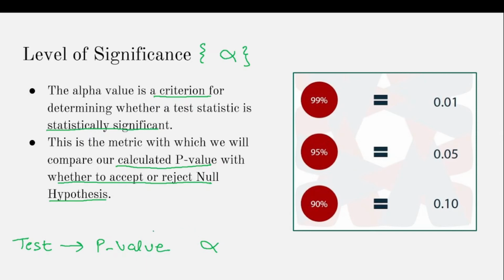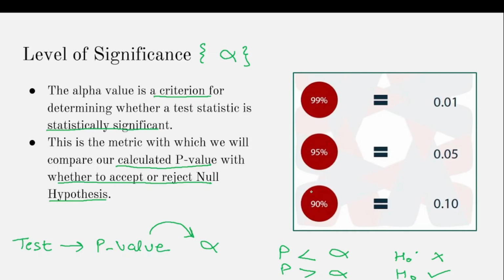What we do is we compare the p-value with the level of significance. If my p-value is smaller than the level of significance, I reject the null hypothesis. But if my p-value is greater than the level of significance, I accept the null hypothesis.